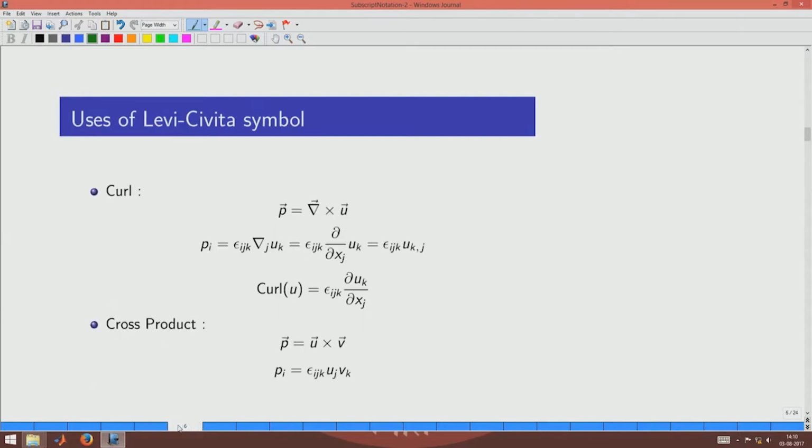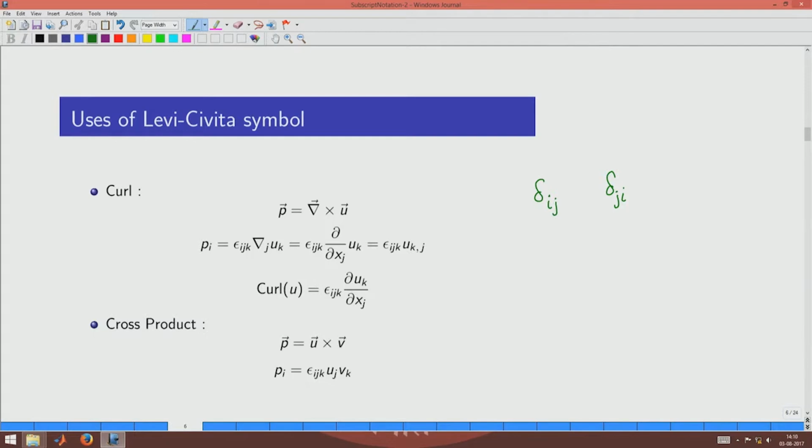So, now let us make use of this symbol to make some derivations. The way we have to understand is to pay attention to the sequence of the subscripts. Unlike in the Kronecker delta, where if you swap the 2 indices it does not make any difference, here it makes a lot of difference. For example, when you write delta i j, you could as well have written delta j i, because they are both the same value.